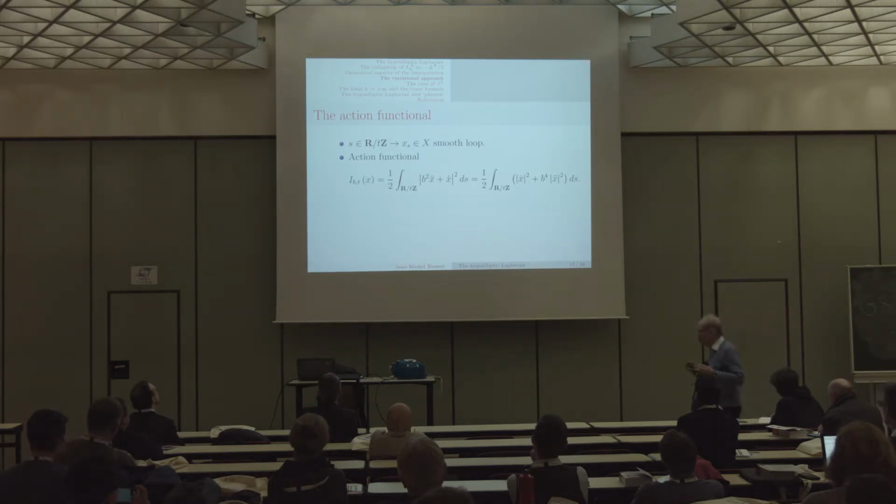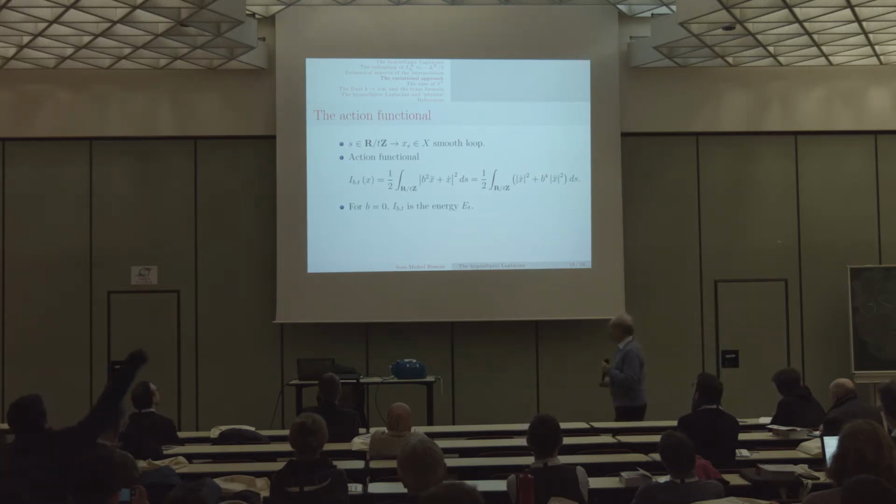In general, if you have a path, you know its physical energy: the integral of the norm of x dot squared. I just perturb this energy by introducing b to the fourth times x double dot squared. So in particular, for b equals 0, we recover the energy.